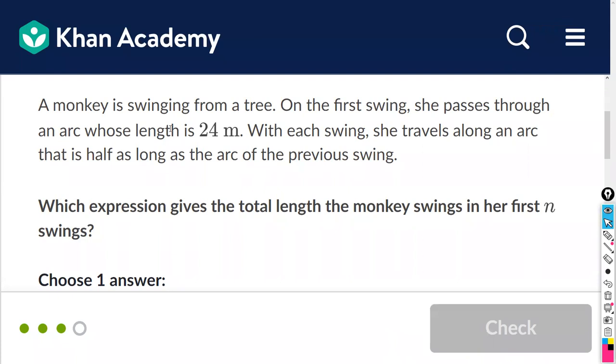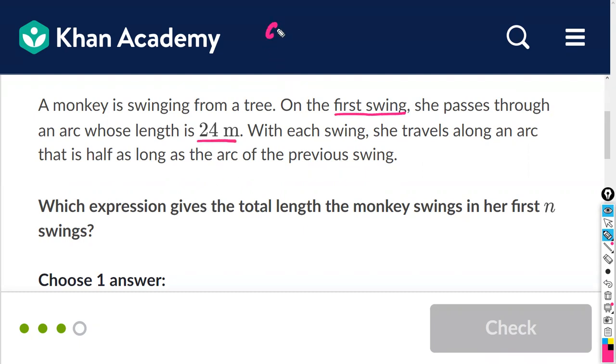All right, it says a monkey is swinging from a tree. On the first swing, she passes through an arc whose length is 24. With each swing, she travels along an arc that is half as long as the arc of the previous swing. Which expression gives the total length the monkey swings in her first N swings? All right. So it says the first swing is 24 meters.